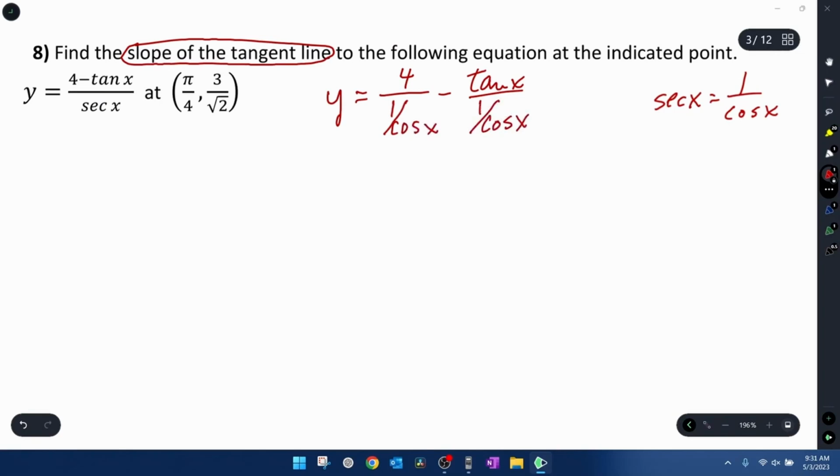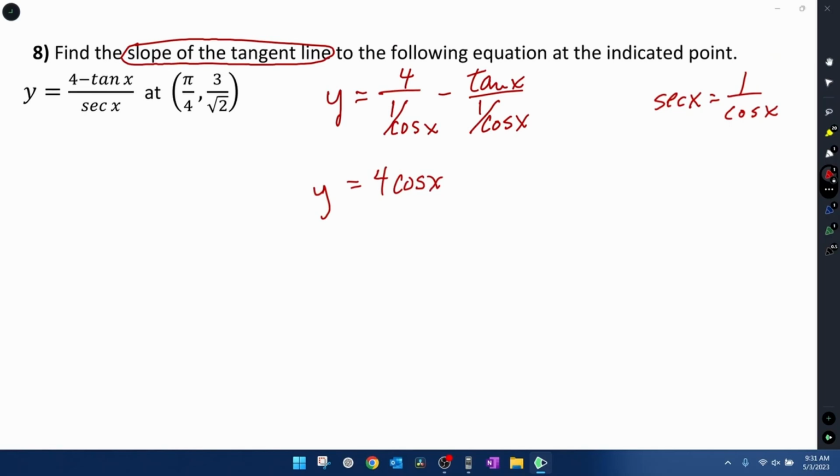So if I replace secant x in both of these cases with 1 over cosine x, I'm going to get division with fractions, which means I'm going to need to do the KCF. We're going to keep, change, flip. And then this first fraction is going to become something really nice. That's going to just simply become 4 cosine x. Now again, tangent, I can replace tangent with sine x over cosine x.